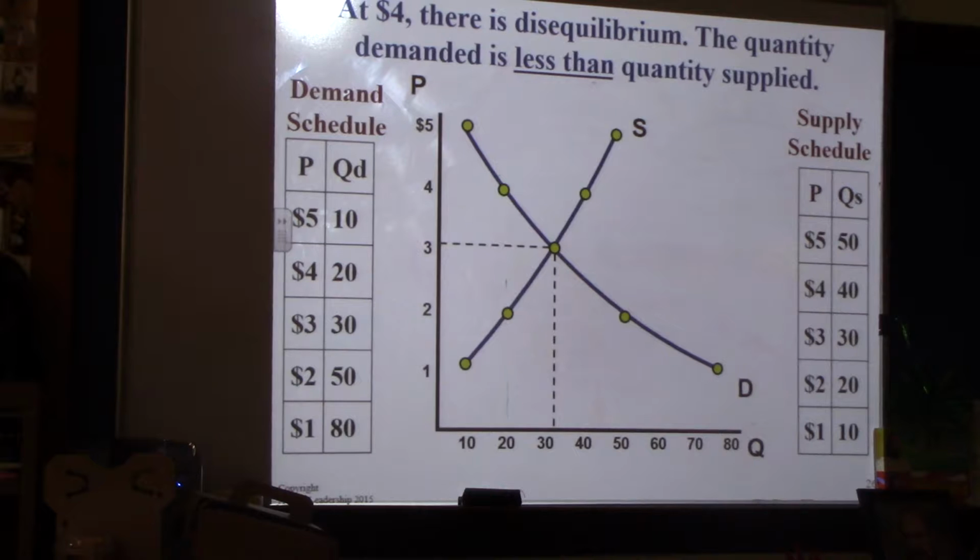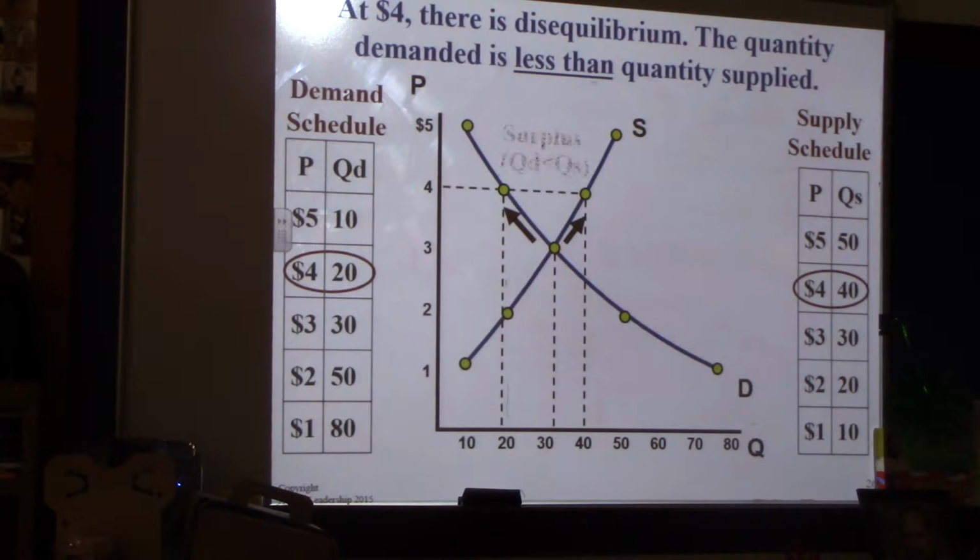Yes, of course it's a problem, because now we have a disequilibrium. We have the supply side producing more than what the demand side wants. So what is that called? What's happening is that we're going to leave 20 units on the shelves. We're not going to purchase those, and that's what's called a surplus. So how much is the surplus at $4? 20 units.